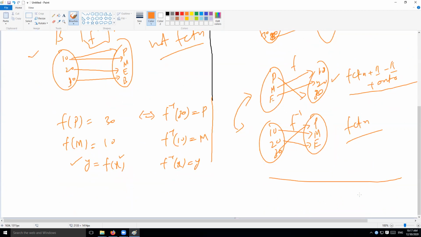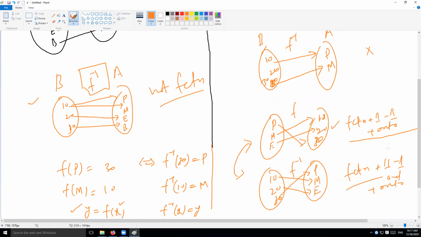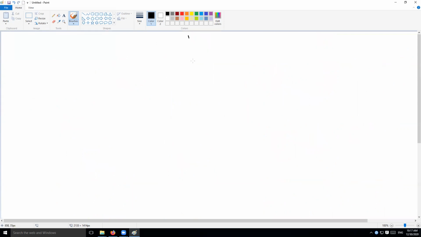And interestingly, you can also see that the inverse is also 1-1 and onto. Yes, sir. This is also 1-1 and onto. Okay. All right. So let's prove a theorem, a bit interesting theorem.